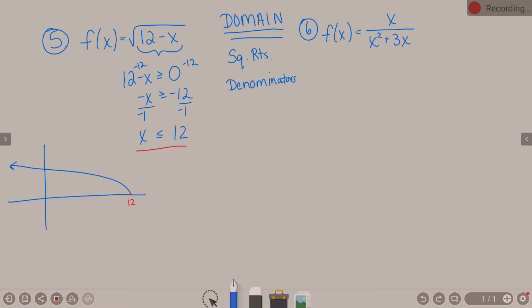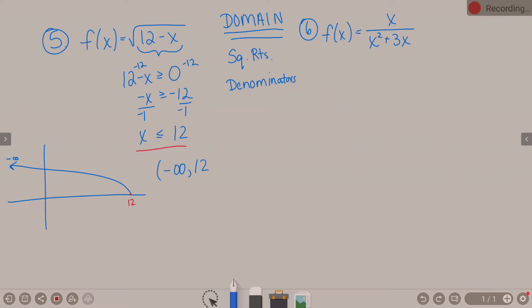I'm assuming directions say to write our answer in interval notation. Actually, it doesn't even really say, but what have we been doing? Interval notation. So x less than or equal to 12. Well, we started over here at negative infinity, right? Negative infinity always uses a parenthesis. And where does my graph end?